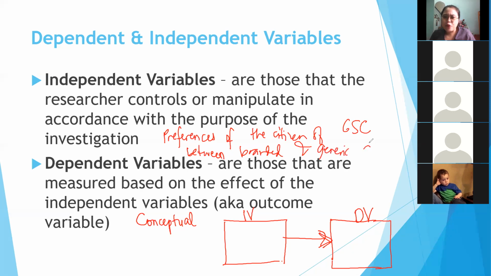This was the example yesterday. So for example, this is your study. Now you're asked, what are the independent variables and the dependent variables? The independent is what we control, what we manipulate, or what we investigate in our study. So reading the topic of the study, what we are investigating here is branded and generic.